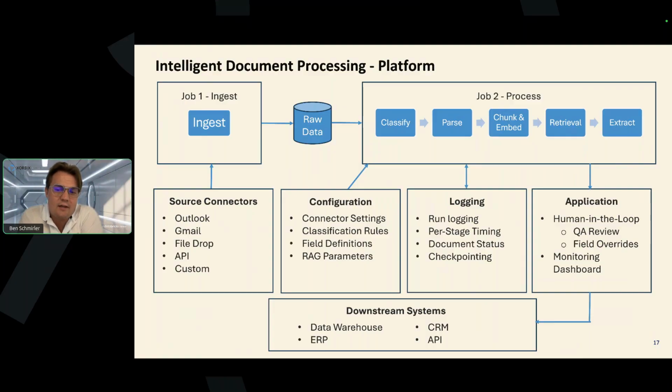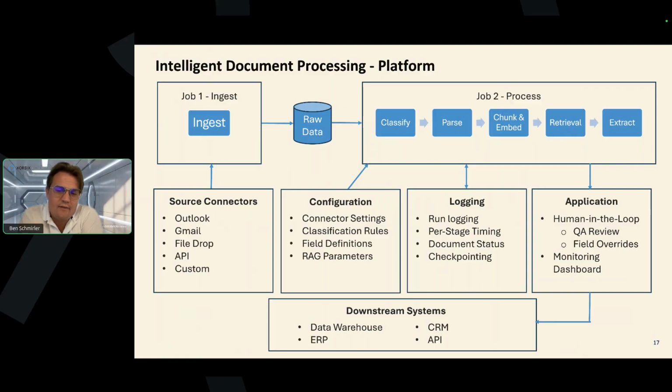That human in the loop is really critical to helping, one, the LLM improve its performance, but two, also catching errors and being able to override any mistakes.